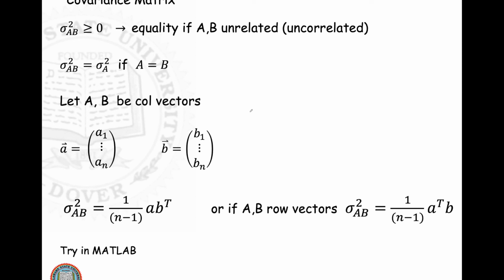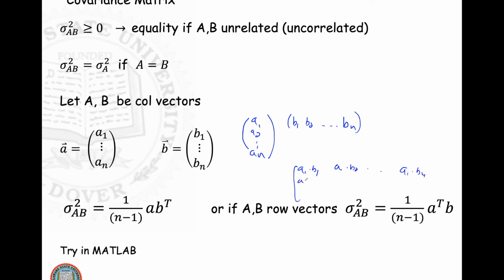And if we take A1, A2, up through An, and we multiply that times B transpose, well, if we take B transpose, that's just a row vector. That's B1, B2, up through including Bn. Now, by the rules of matrix multiplication, you take A1 times B1, you have A1 times B2, etc., A1 times Bn.